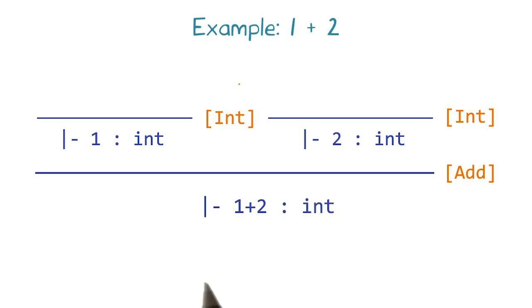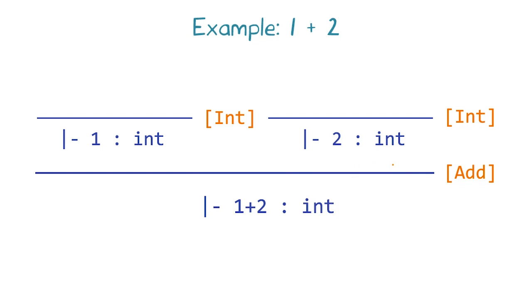Here is an example of a type derivation for typing the expression 1 plus 2. We first instantiate the axiom schema int, filling in the number 1 for I, to produce the axiom, it is provable that 1 has type int. Similarly, we instantiate the int axiom schema again to produce the axiom, it is provable that 2 has type int.